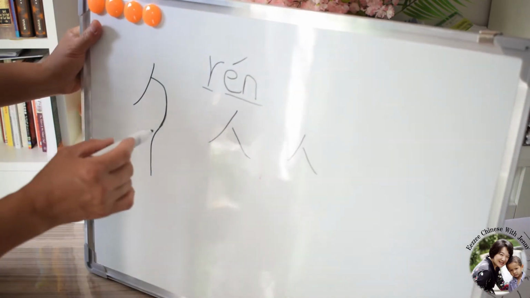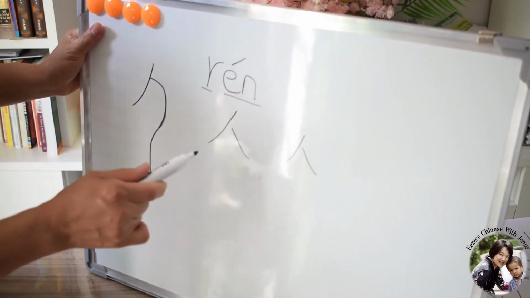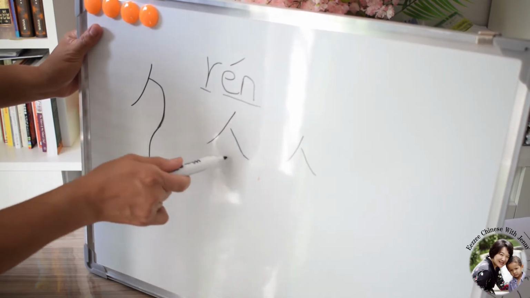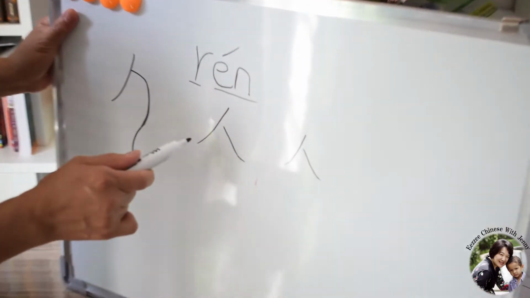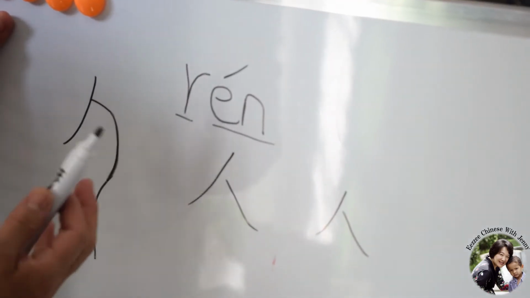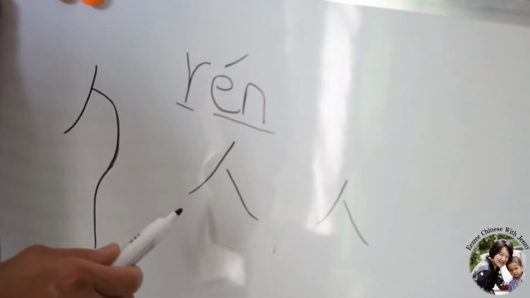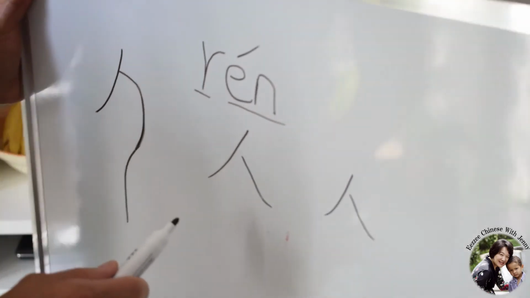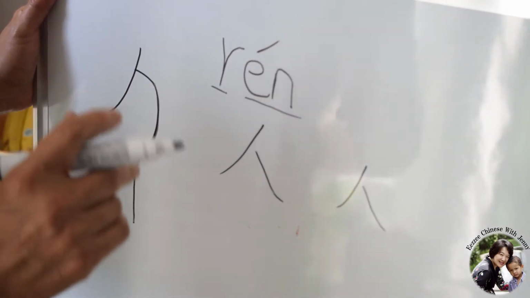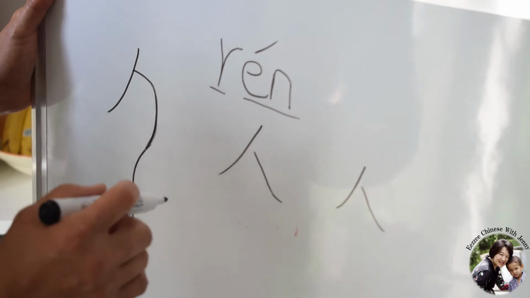Whenever you see any phrase or idiom with this character, you know it's always related to person, people, or humankind. And this is a very common character. It also becomes a part of a more complicated character.